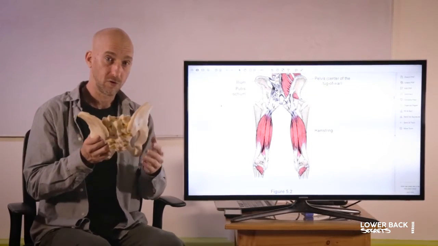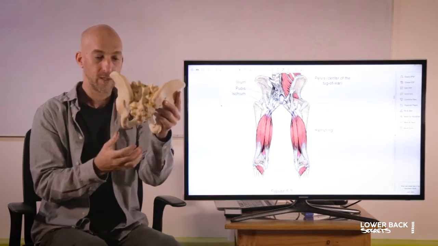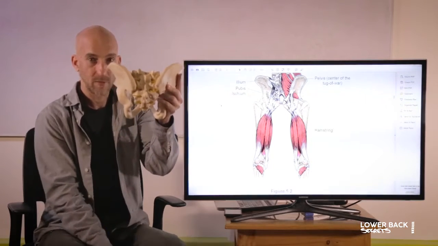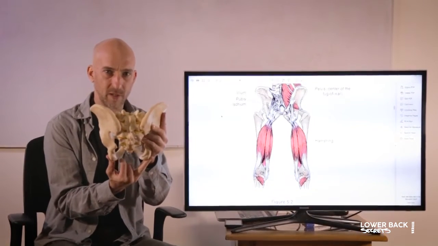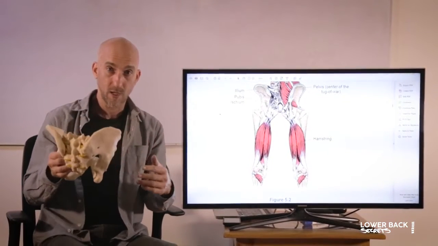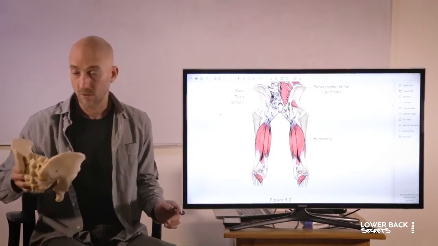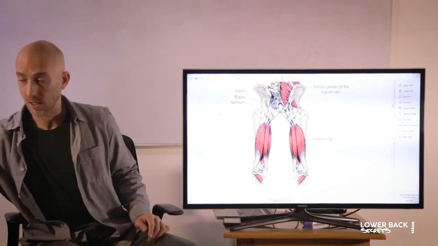So the first group we're talking about is your hamstrings group, and this is of course the pelvis, and this is of course the bottom, and the hamstrings are coming up from below and they're grabbing right onto the bottom of your pelvis. Something that we're going to be looking at again as we discuss pelvic rotation. But in this context, we're really just talking about the muscle groups themselves.